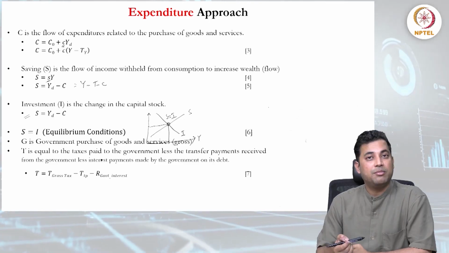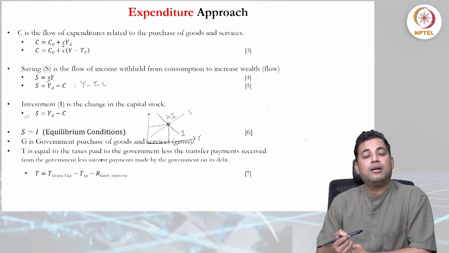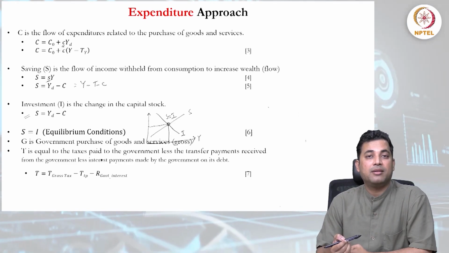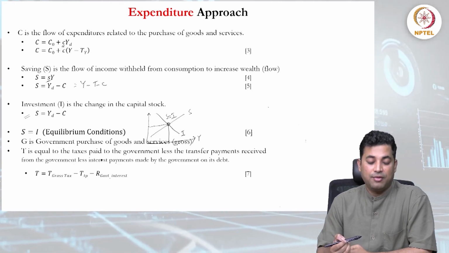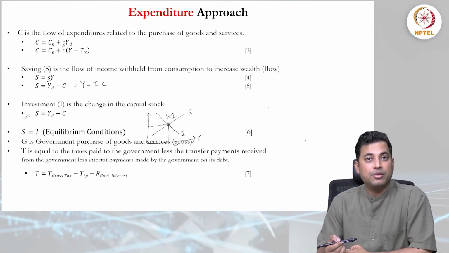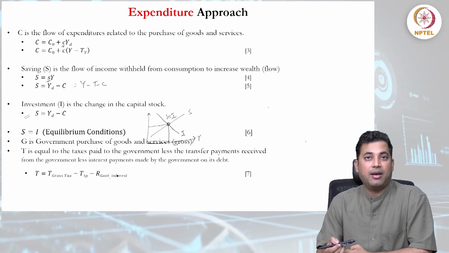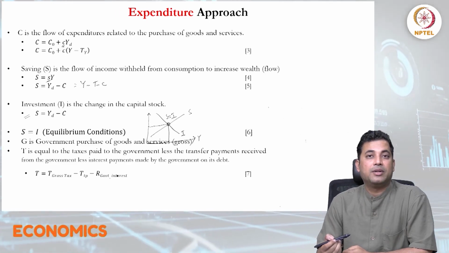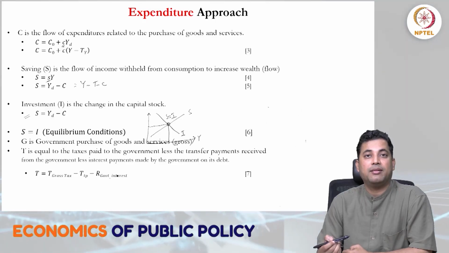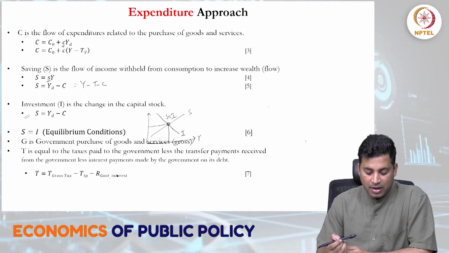Through distributive and redistributive policies, government returns transfer payments or wages for public work. In the case of firms, government pays different subsidies, and firms like corporations pay taxes to the government. That's how government generates revenue.